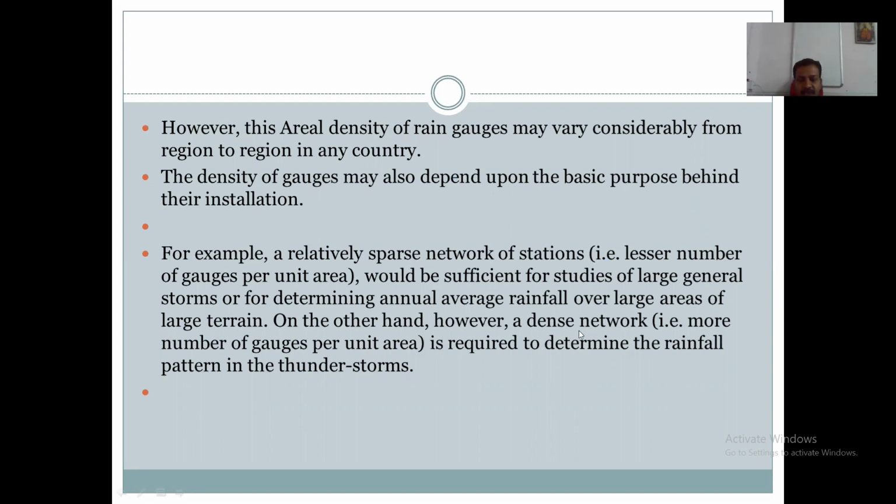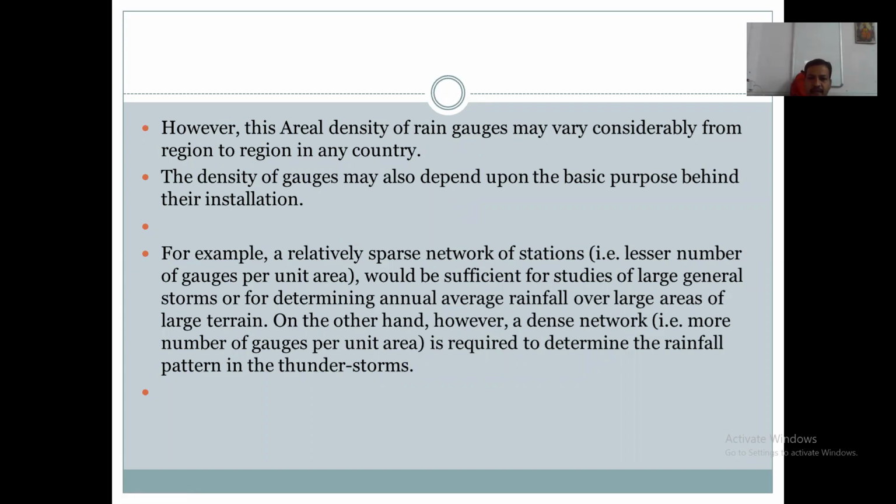The design of the rain gauge network will depend upon the density of gauges, that is, the number of rain gauges that are placed in a particular area.